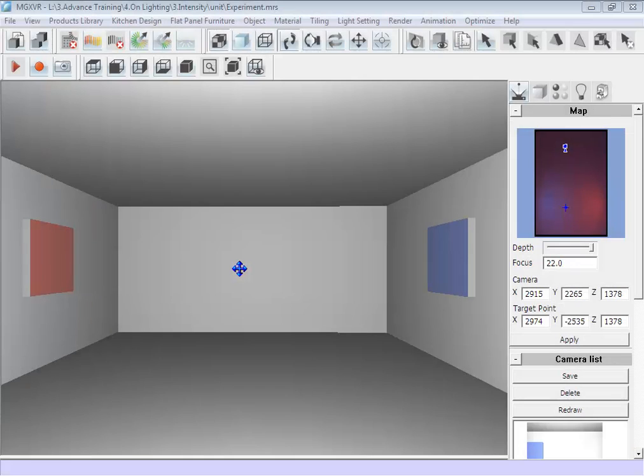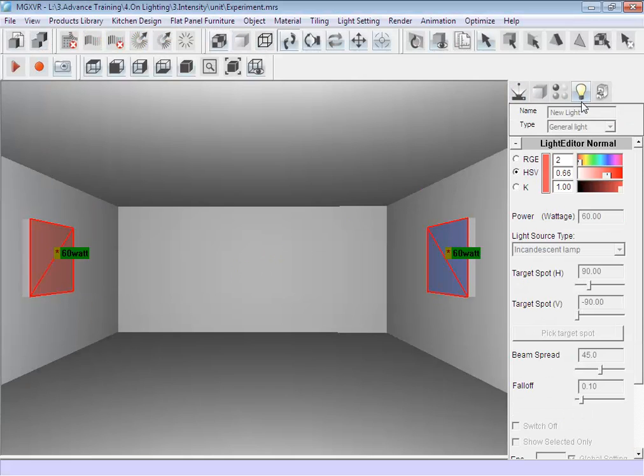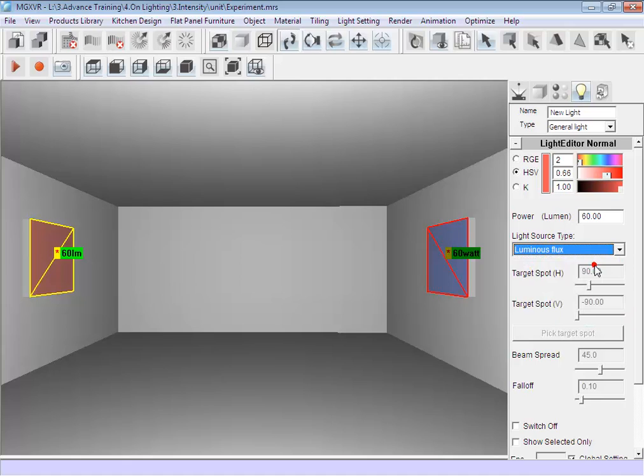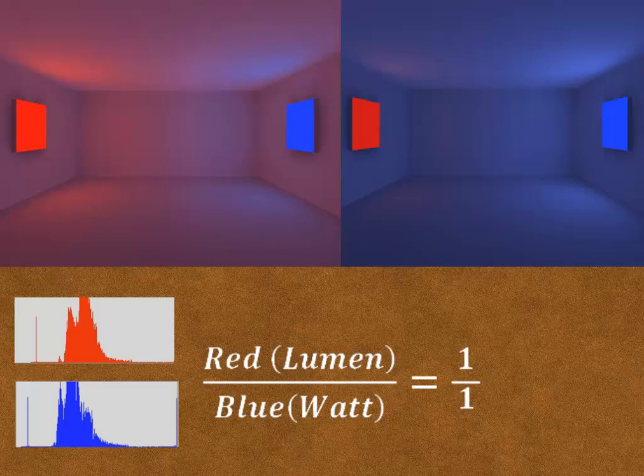Now I change the red light's intensity unit from watt to lumen and see whether its influence is the same as in the previous experiment. Well, it seems that the blue light dominates.